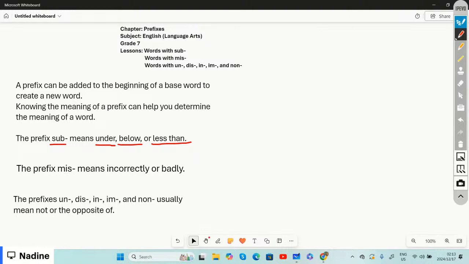And if we look at a few words with the prefix sub, we said submarine.